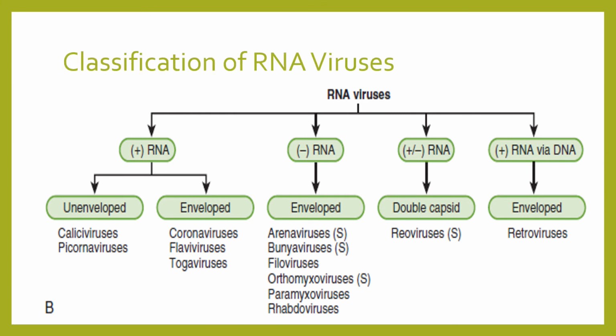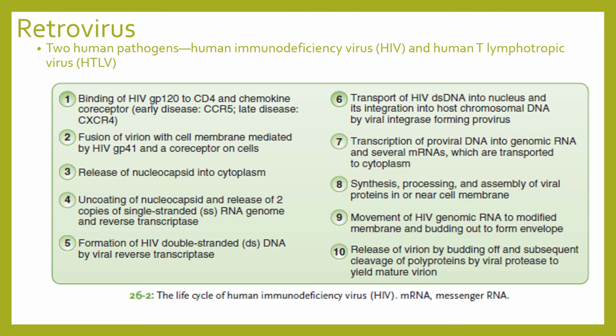So we now proceed to the next, the positive-sense RNA viruses with a DNA intermediate, which are enveloped, called the retroviruses. Retroviruses have two human pathogens, HIV, the human immunodeficiency virus, and HTLV, or human T-lymphotropic virus.